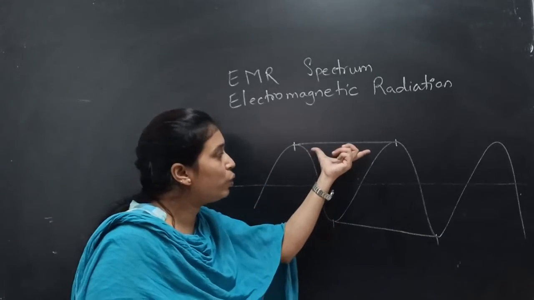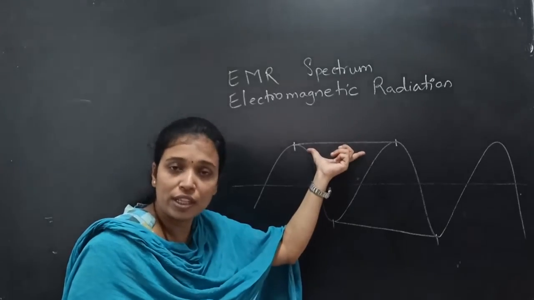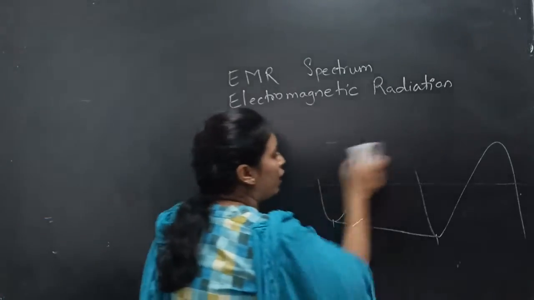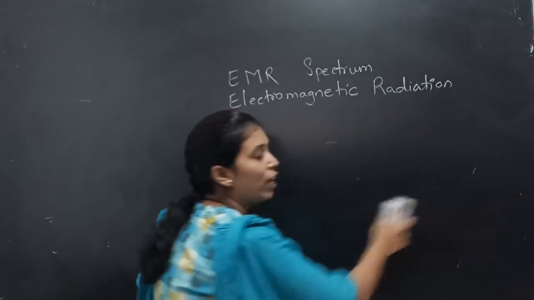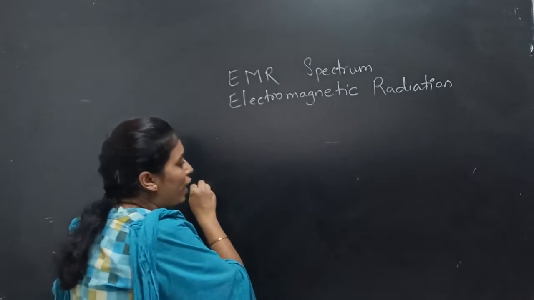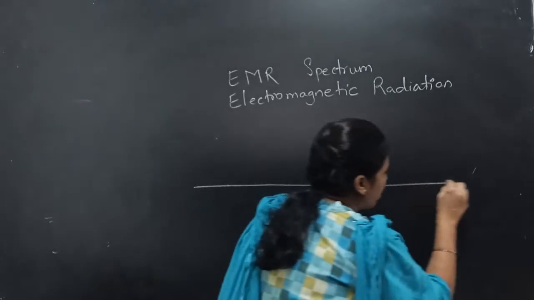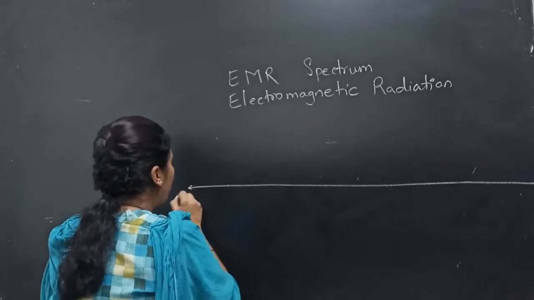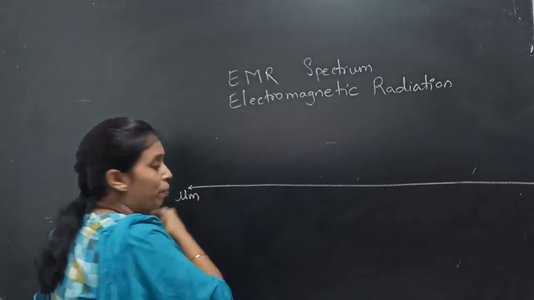According to this wavelength, different types of rays can be generated through any source of light.